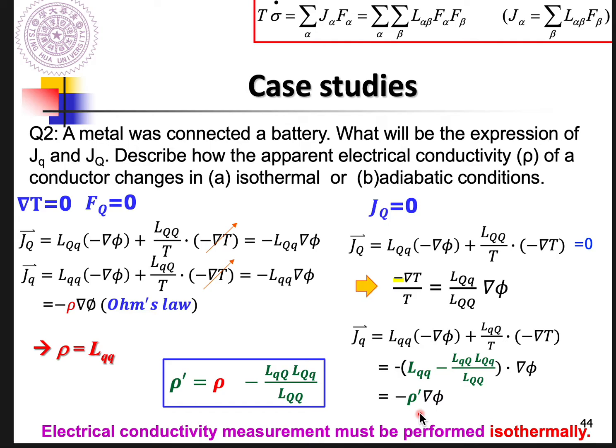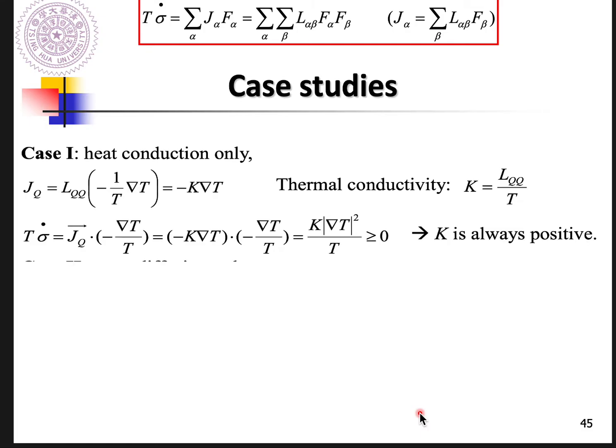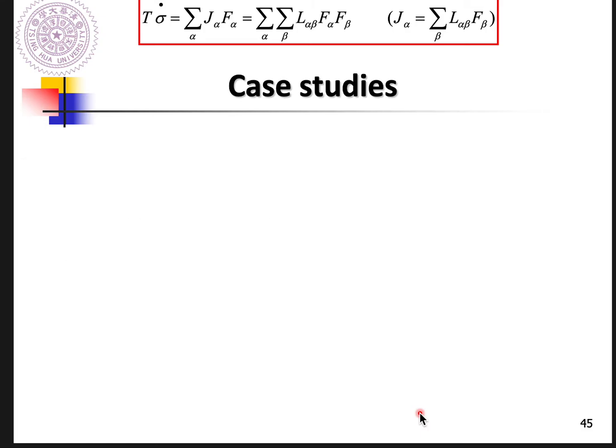Because as long as there is some other type of driving force, it must contribute some flux to your flux of interest, for example, like this, the current density. Okay, so I give you some extra examples here.